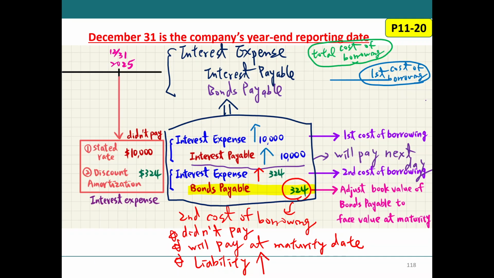Because your second cost of borrowing, you will pay it at the maturity date. Okay, any questions? So that's it. That's when we have to record the situation. On financial statement date, you record the first cost of borrowing, second cost of borrowing. Okay?